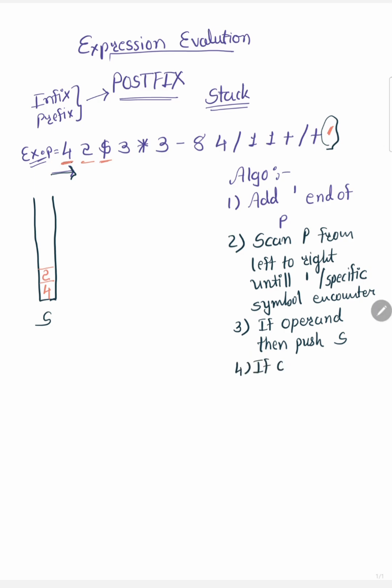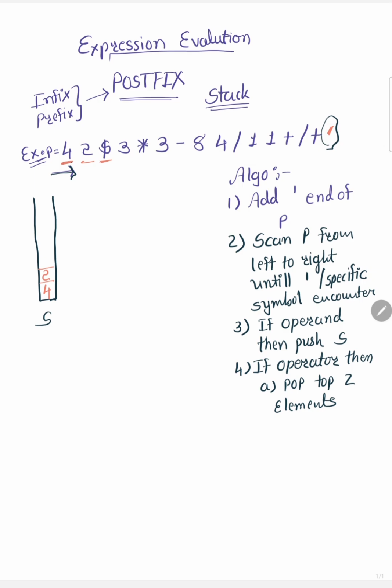If an operator occurs, then I need to pop the top two elements. That's the first part: pop the top two elements.